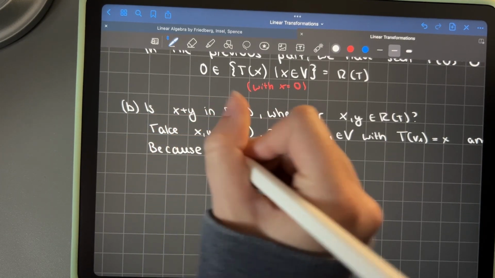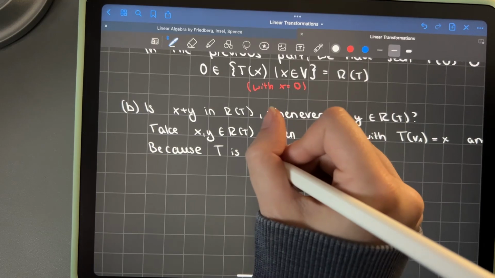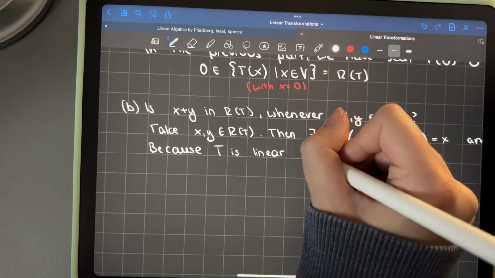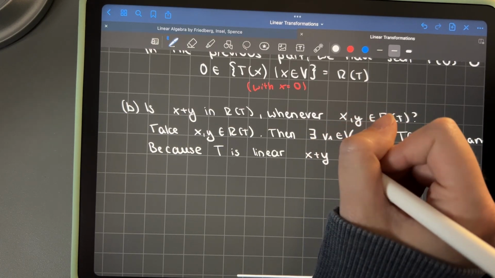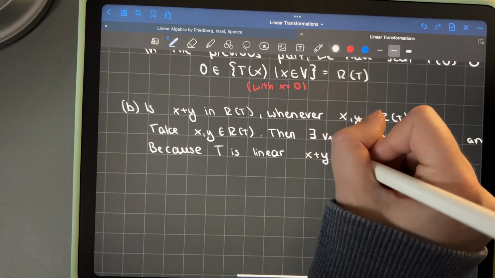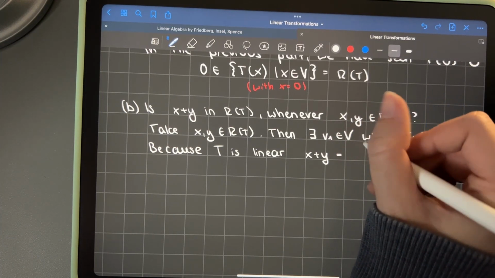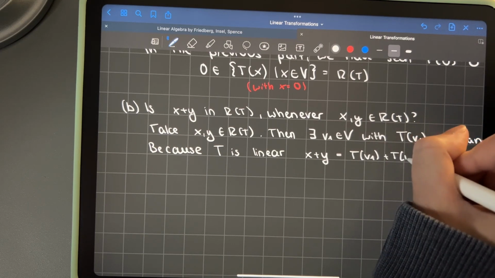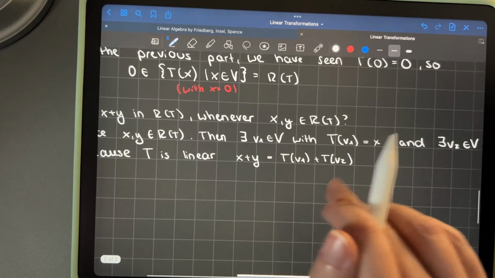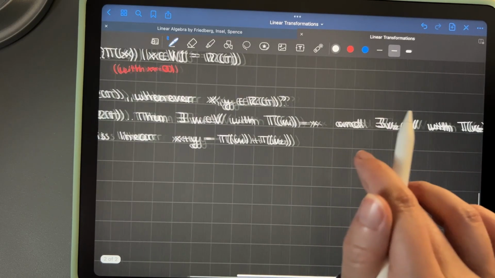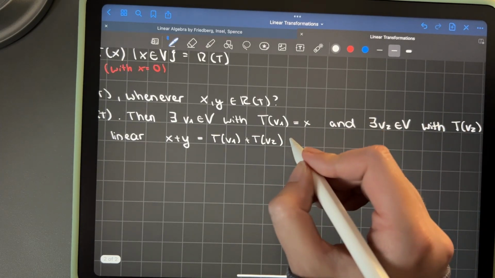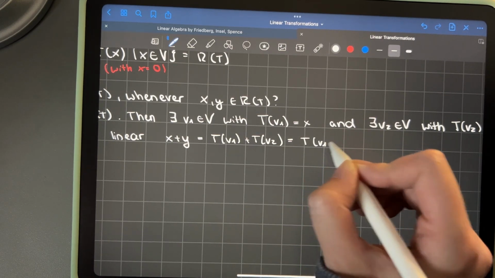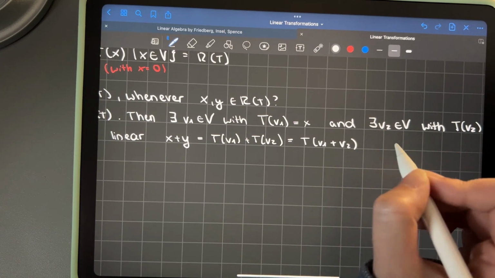Again, because T is a linear transformation, we have x plus y equal T of v1 plus T of v2. These are just the separate definitions up here. And now, because this is a linear transformation, that's the same as T of v1 plus v2.